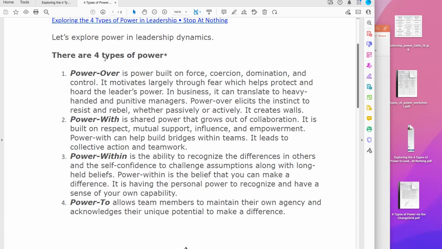I guess what I'm suggesting is that I need more types in order for this to really make sense, because I want to put power within in the middle. And by the way, just to get it out of the way, power two allows team members to maintain their own agency and acknowledges their unique potential to make a difference.